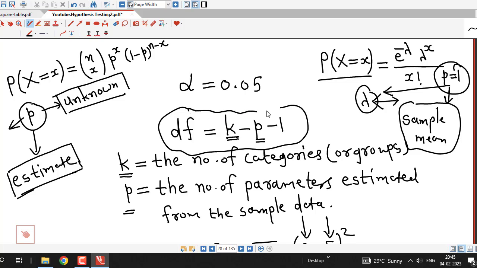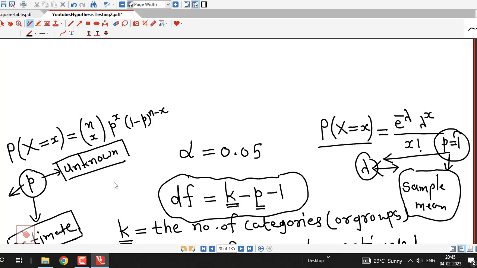And using these degrees of freedom and this level of significance alpha, we will decide critical value of this chi-square distribution.